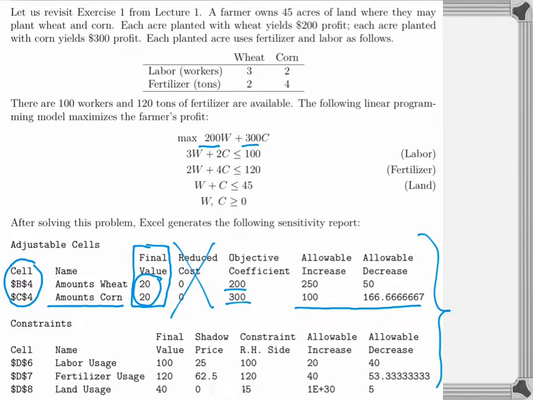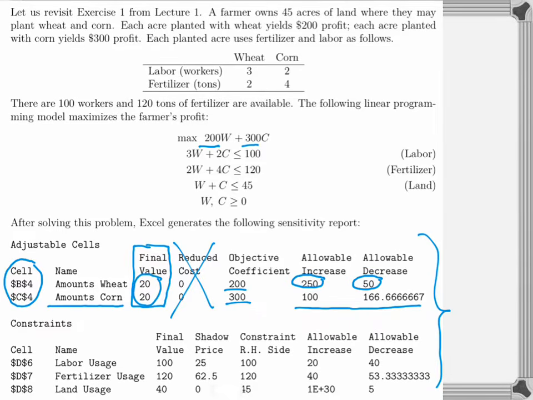And the answer to that question is yes, you should still plant 20 of each crop as long as the profit for wheat increases by no more than 250 or decreases by no more than 50. In other words, this number that is currently 200 could range between 200 minus 50, that's 150, and 200 plus 250, that's 450.